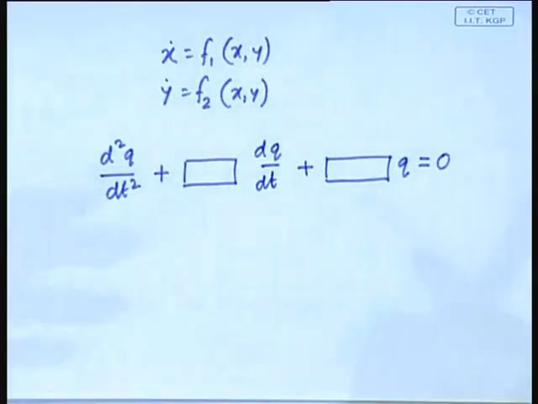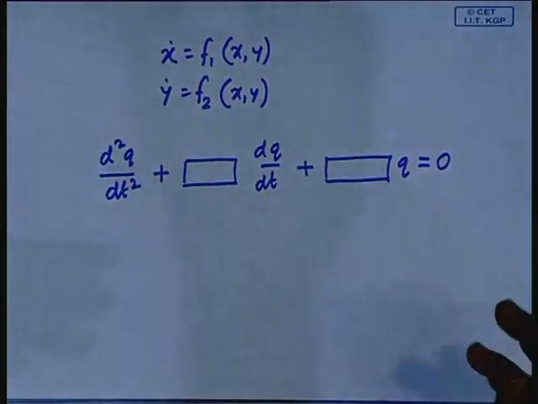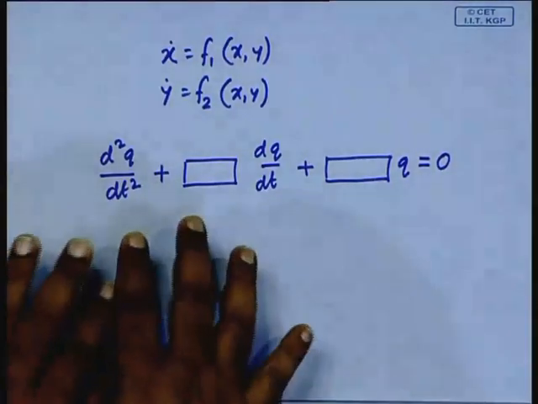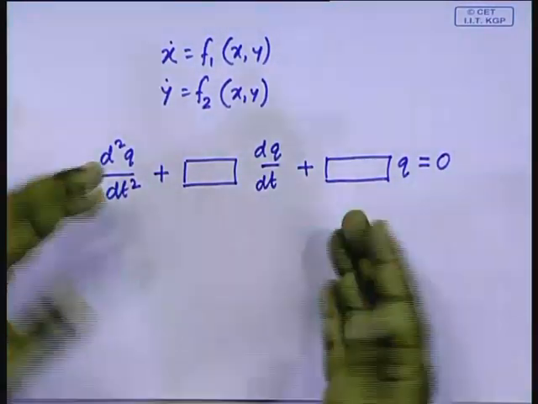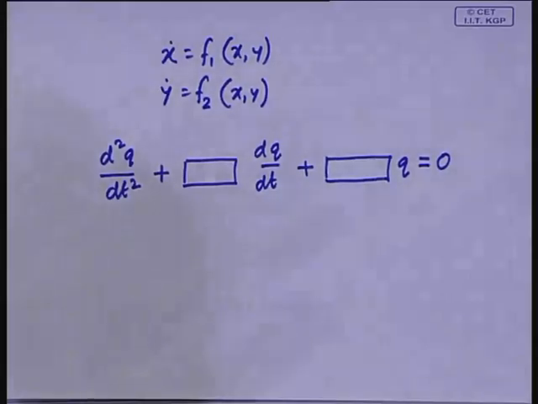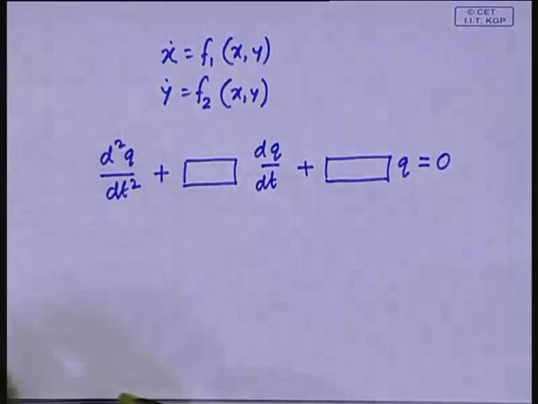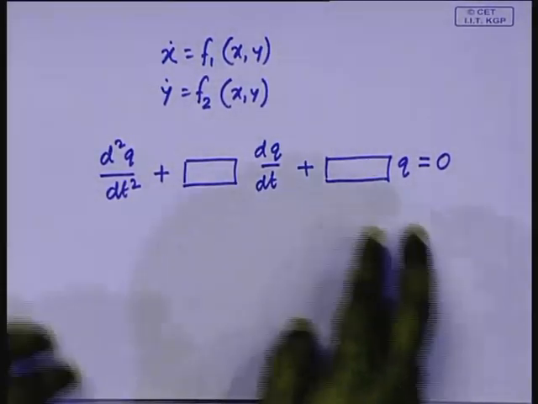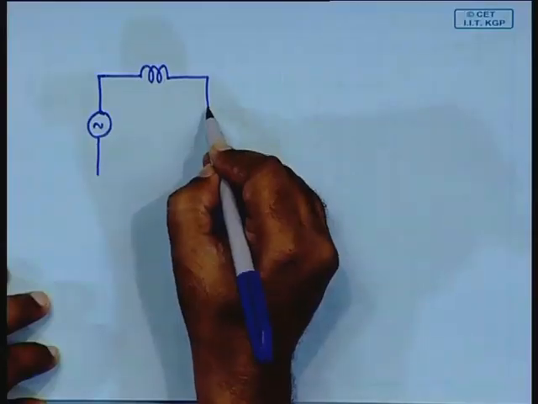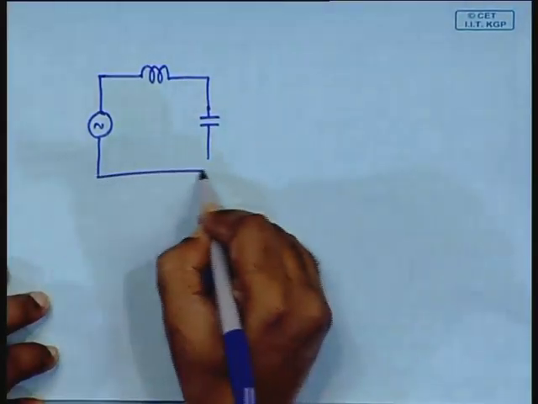Why? Because suppose you have a simple pendulum, initially when you obtain the equation, it would be in this form, and then we understood how to obtain the first order form. Now, in many cases it would be simpler to obtain it in this form. For example, if you have a circuit, say there is an inductor, there is a capacitor, and there is a resistor.